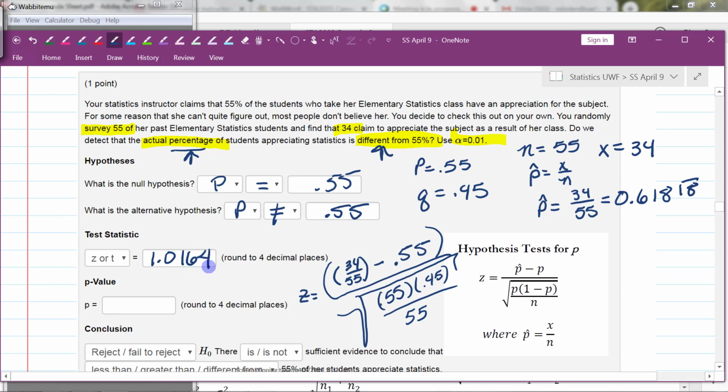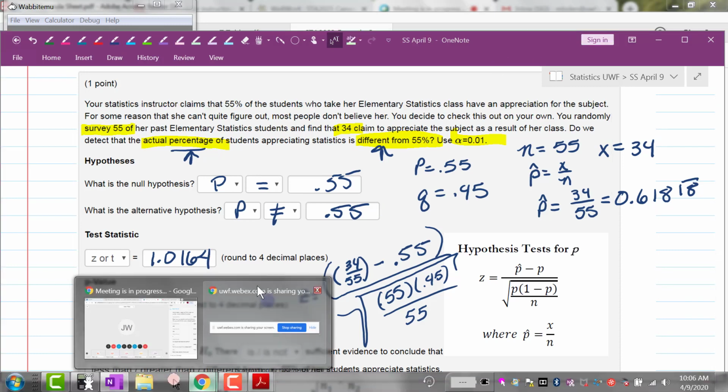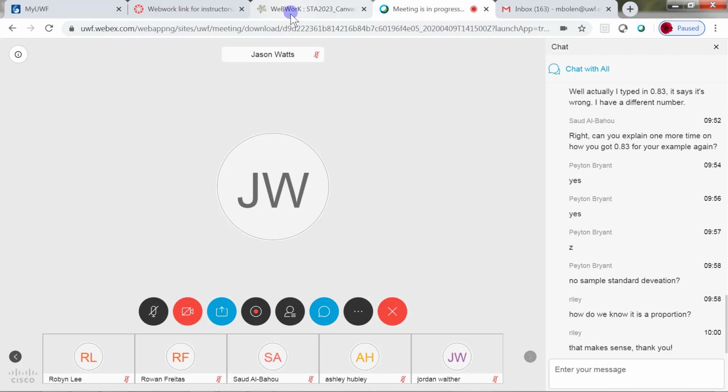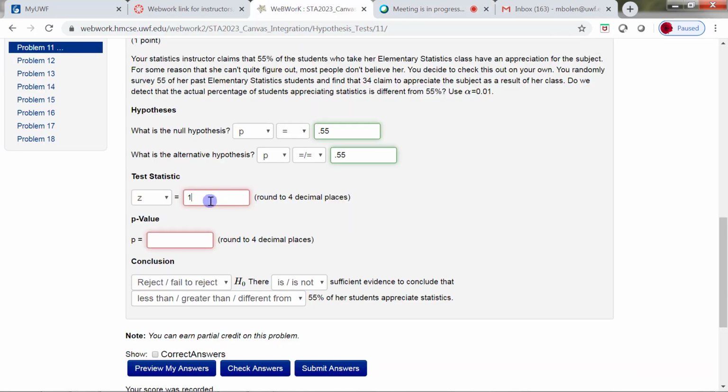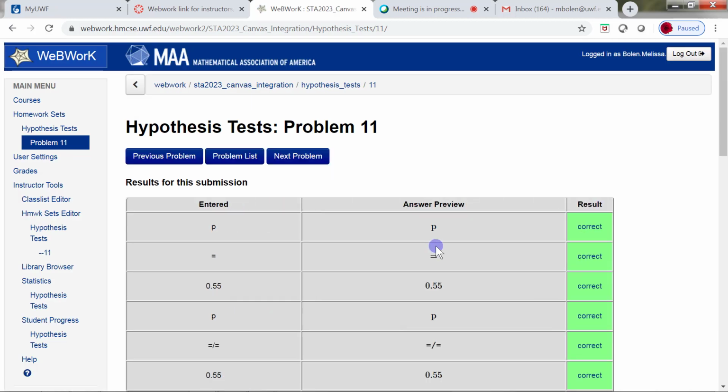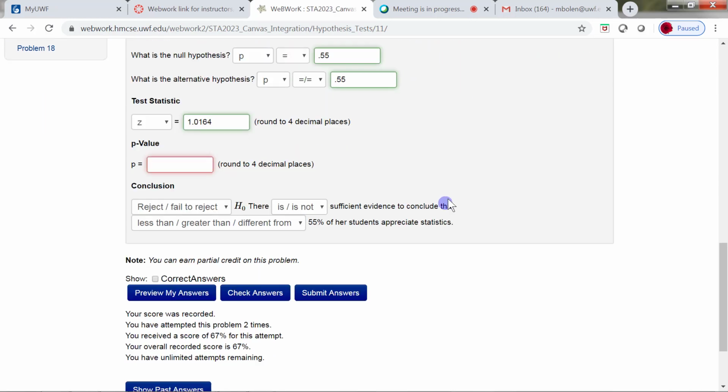And that is it to 4 decimal places. So we come in here and it's 1.0164. Submit answers. And there you go. We have that correct.